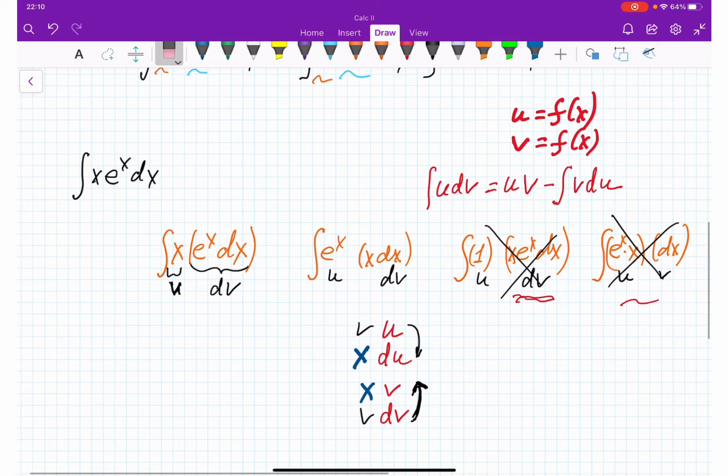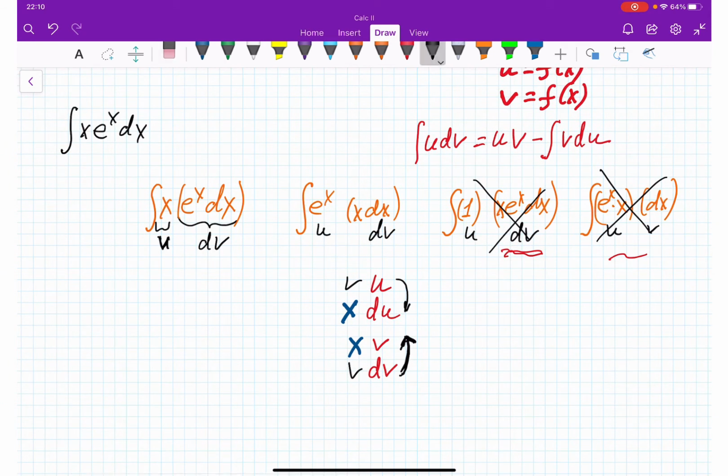But let's not forget that later we are going to use this v and squeeze it under the integral, which will bring me back to the original one. If, assuming my dv is x dx, then v is the integral of x dx, which is x squared over 2.